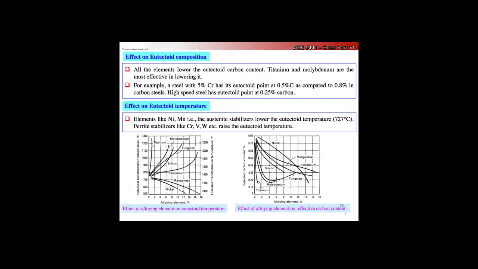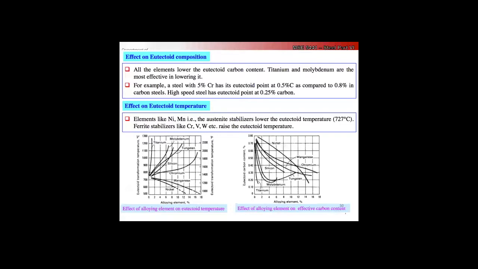And you can see how effective titanium is at raising the eutectoid temperature, right?